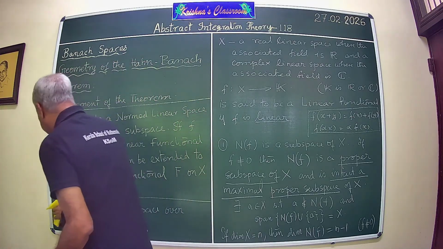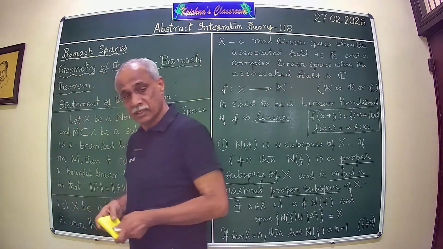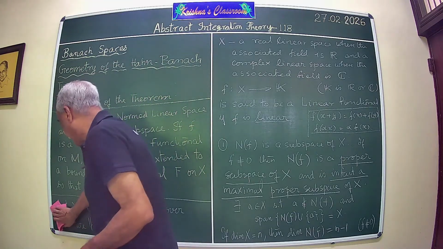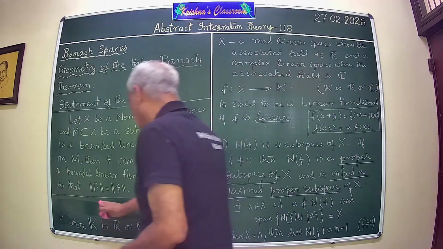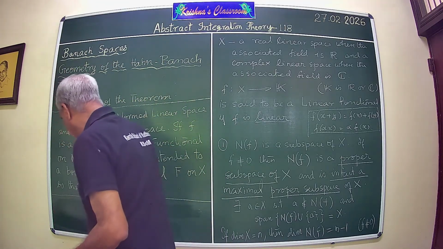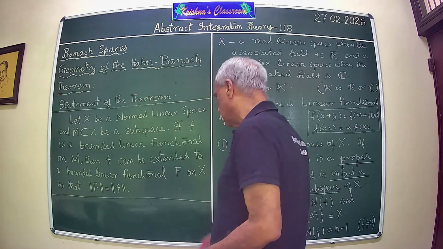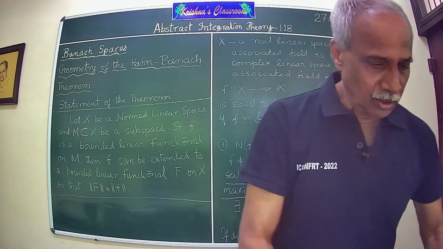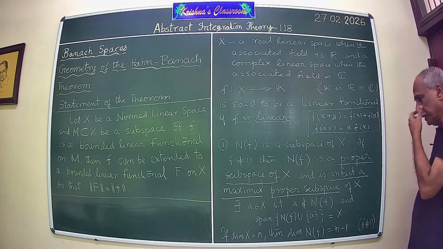So one thing that is clear, once you have a non-zero linear functional over a linear space, then N_f is a proper subspace, it's a maximal proper subspace. Okay, so what more can you obtain?